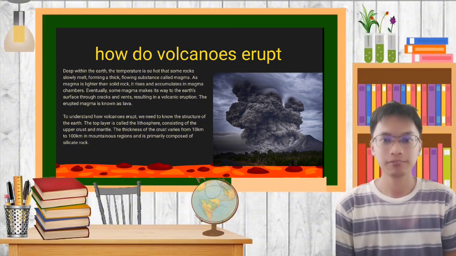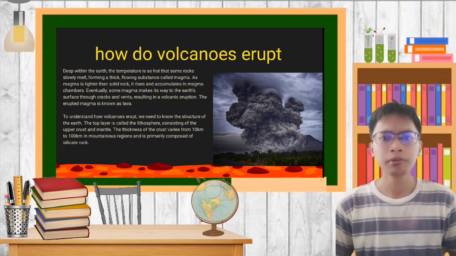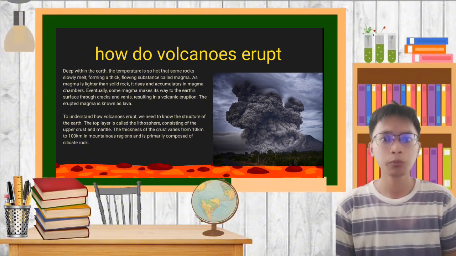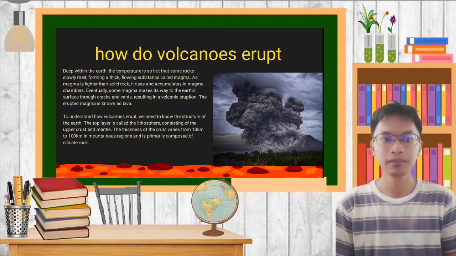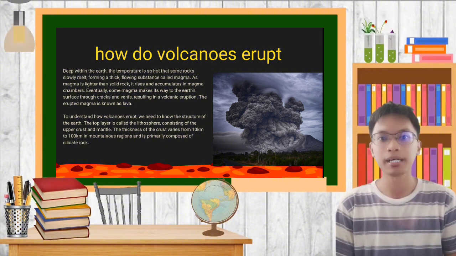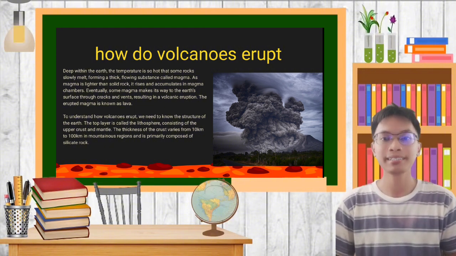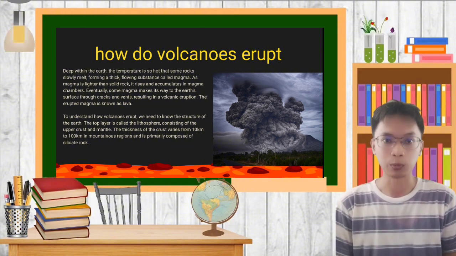Now that we know what a volcano is, let's discuss how volcanoes erupt. Every time you think of volcanoes, did you ask yourself what triggers this fiery explosion? To answer that, it is simple: pressure and the nature of the magma. Imagine a shaken bottle of soda.